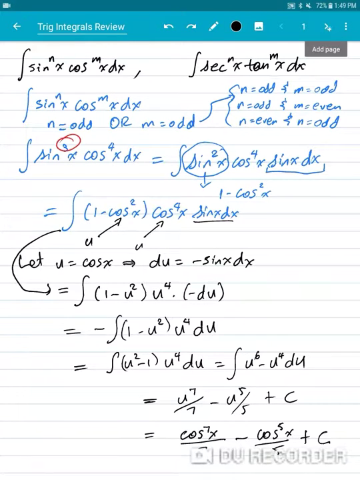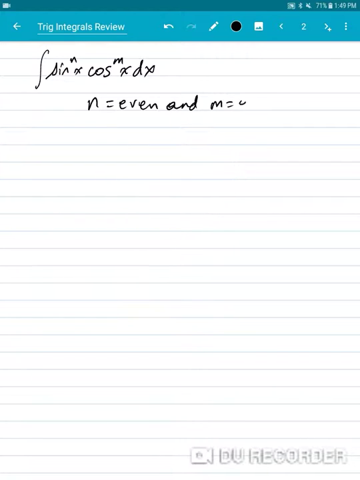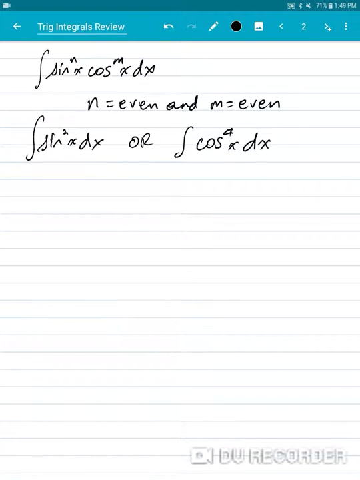Now let's look at the case when we have n even, that's sine to the power of n x cosine to the power of m x dx. If we run into the case when n is even and m is also even, such as sine squared x dx, where n is even and m is 0, that's even also, or cosine to the fourth x dx, we use the half angle formula.